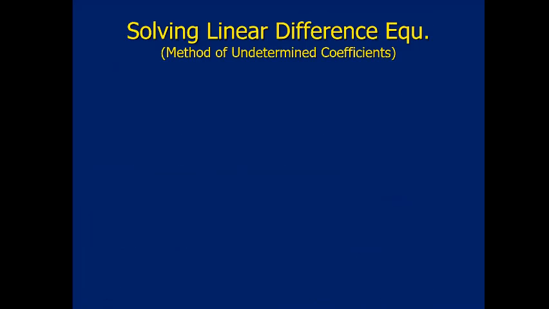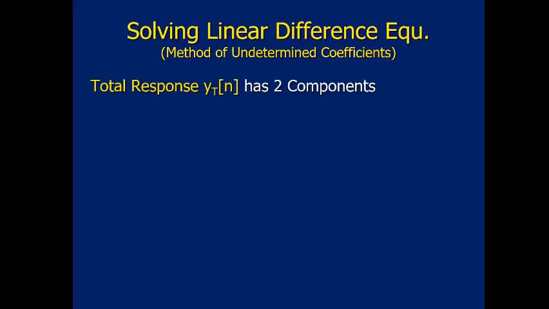That's a relaxed system. Now, the method we're going to use for solving these linear difference equations is known as the method of undetermined coefficients, and it exactly mirrors the way we solve linear constant coefficient differential equations. The terminology is the same, the methodology is similar, but the underlying principles are all the same.